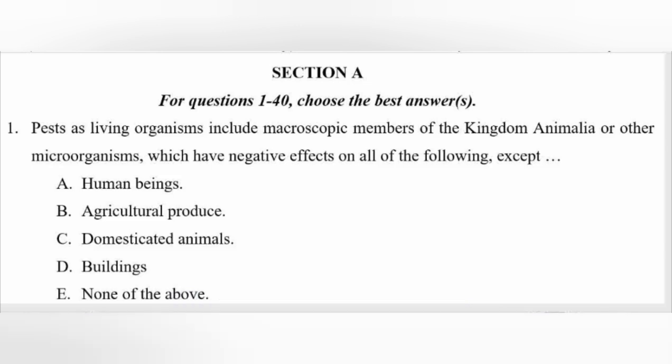Today we seek to solve 40 questions. We want to attempt to solve 40 questions. The questions are in the area of pests and vector control, in public health and entomology, medical anthropology, in economic entomology. So it is good for people who are interested in biology or biological sciences, medicine or medical sciences.